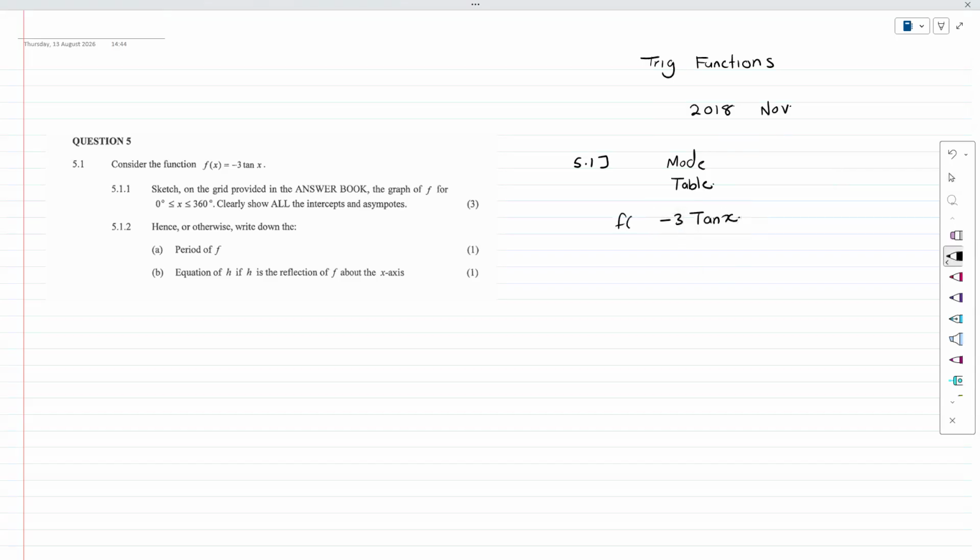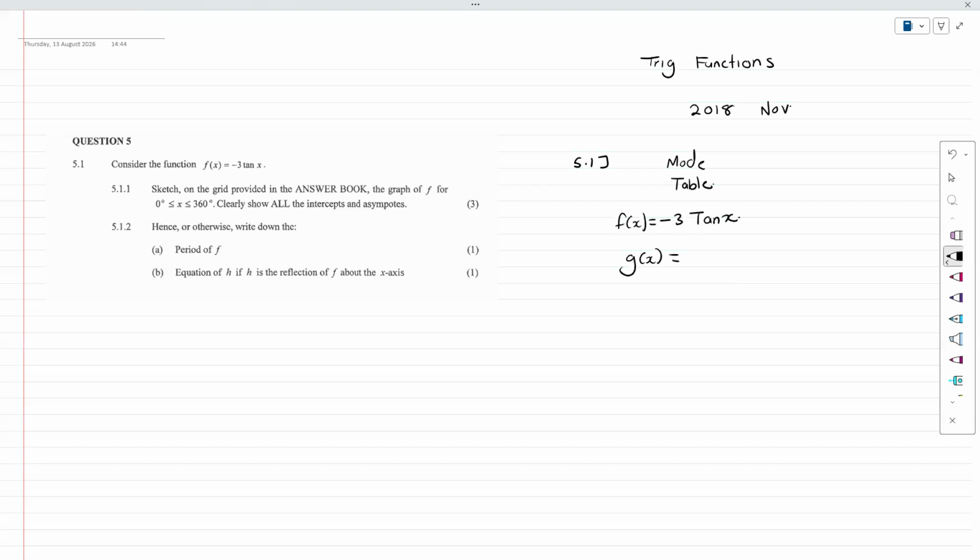That's minus 3 tan of x. For g of x, you're going to press equal. We don't need a g of x. We're going to start where they told us to start, at 0, and we're going to end at 360.